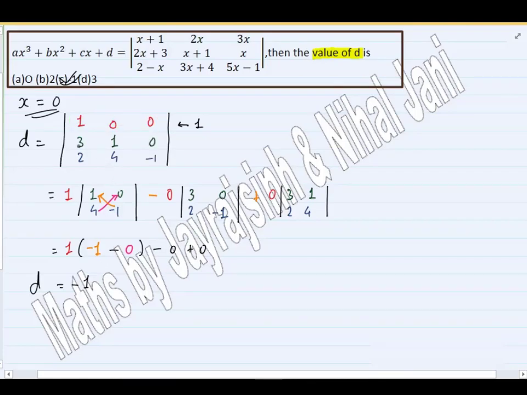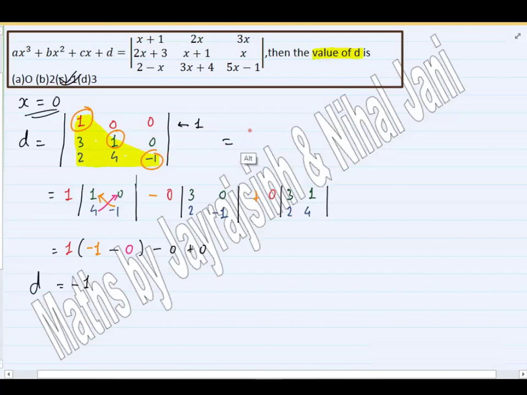Ta-da! You should notice that the expansion of this determinant is quite easy, right? Because we have so many zeros. But you have to notice that this determinant is actually lower triangular, and the value of this determinant is easily found out by just multiplying elements of the principal diagonal.